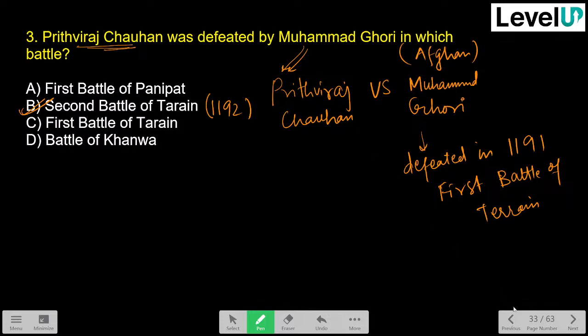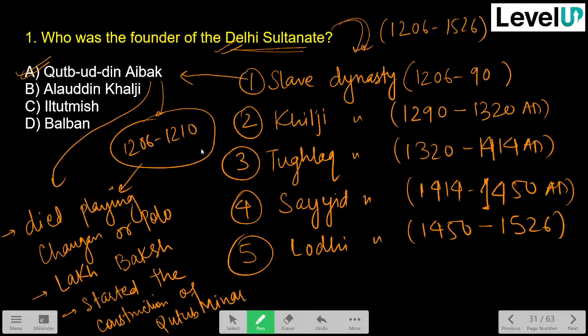At the very initial period of the slave dynasty, what was happening? Qutbuddin Aibak had his capital in Lahore. He won the second battle of Tarain, and in 1206 they established the slave dynasty. The capital was Lahore.